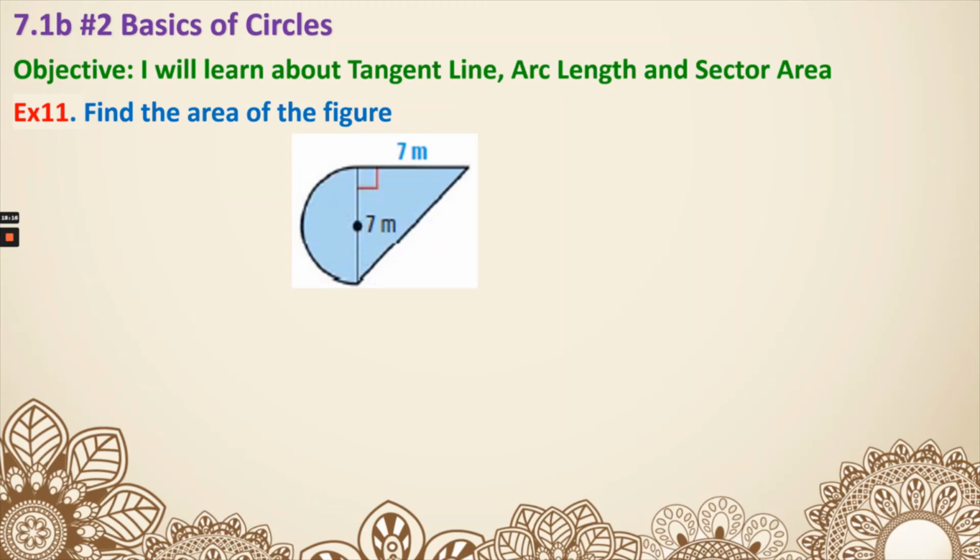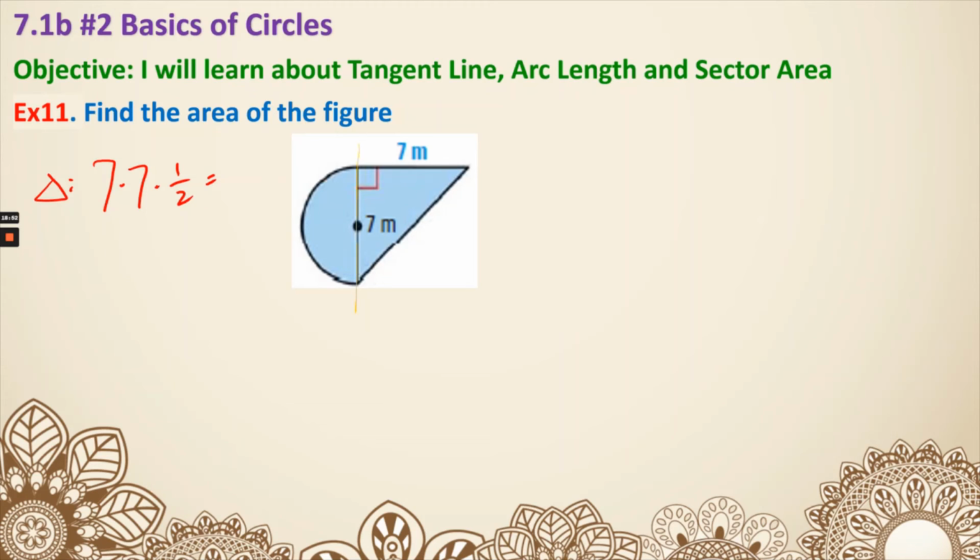Example 11. Find the area of the shape. This shape is actually a composite shape, so that means we're going to take it apart. The simple thing to do is just use this line right there. You can see the left side is going to be a semicircle, and the right side is just a typical triangle. If we want to find the area, the triangle is 7 times 7 times 1/2.